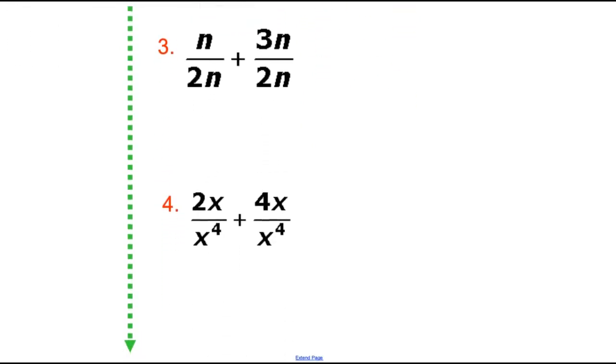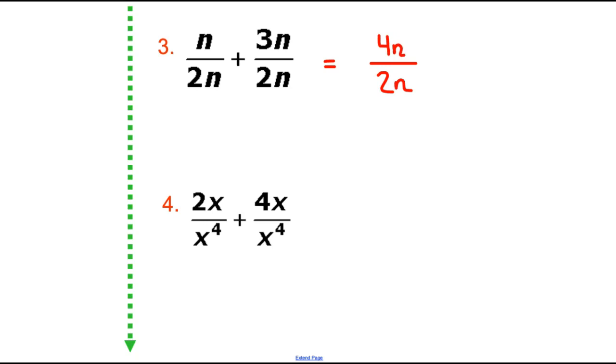Now we're going to look at some rational expressions. These just have monomial numerators and denominators, but they have common monomial denominator 2n. So we can go ahead and add the numerator stuff and keep the denominator stuff the same. So what do you get when you add n plus 3n? 4n.